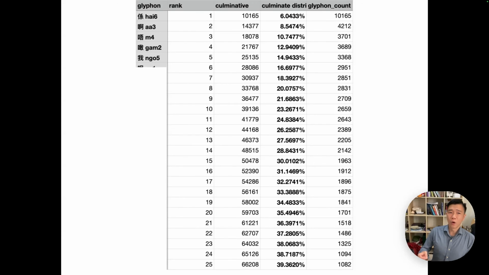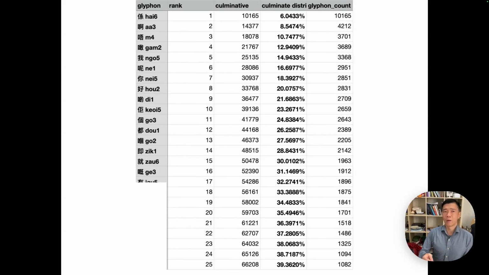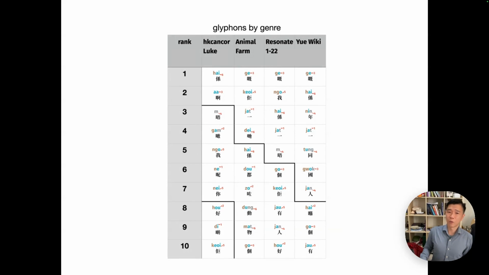If you just know hai, to be or yes, an exclamation, and a negation, that's really 10% of what oral speech Cantonese means. You can do this for HK Cancore, for Animal Farm, for Resonate, which is a typical written Cantonese, and for the Cantonese Wikipedia. It turned out to be a little strange.